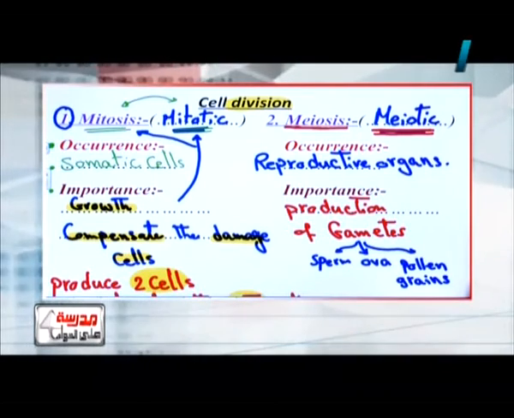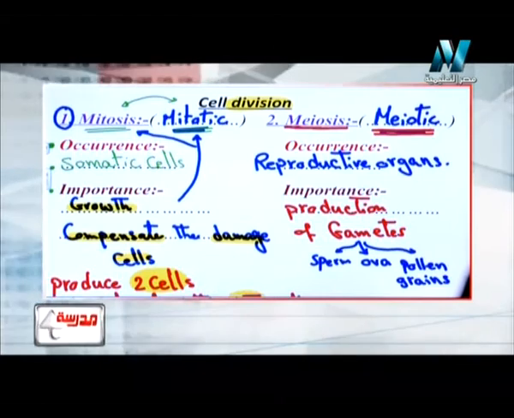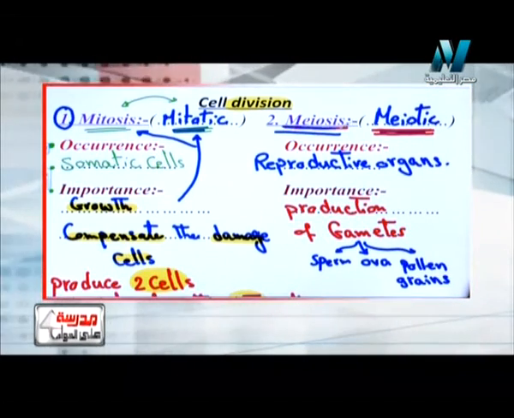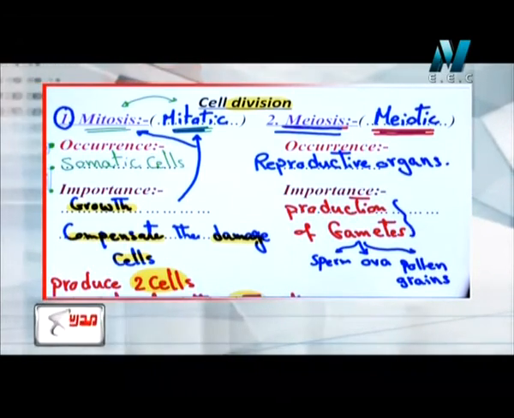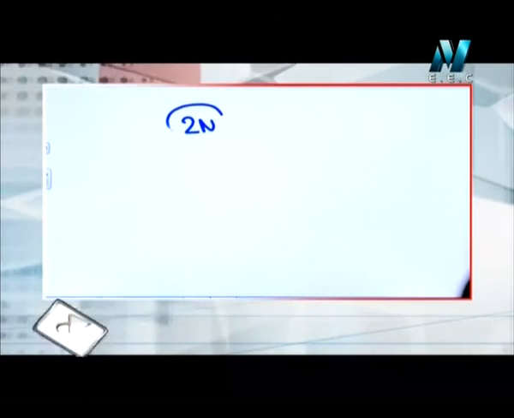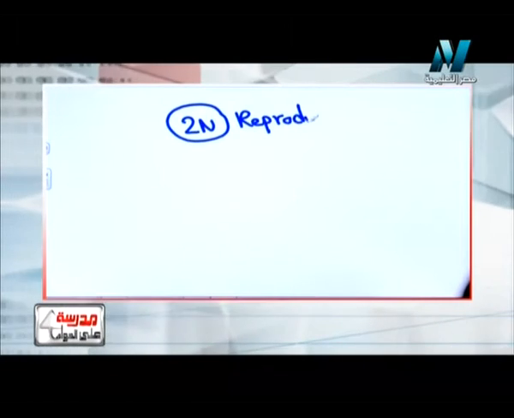So here we have the importance of meiosis division. If we have here, give reason for: the importance of meiosis division is the production of gametes. Why specifically the production of gametes? Let's take it together here. I say 2n, reproductive organ.